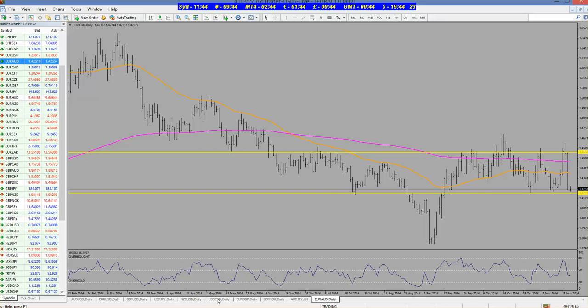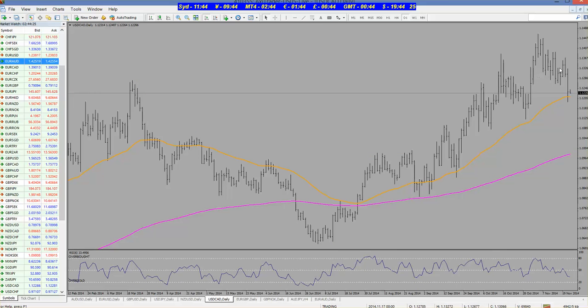Dollar CAD. I know I got bullish off the 20 EMA, and we got in on that. Obviously got taken out after the Chinese interest rate pushed all the commodity currencies higher.